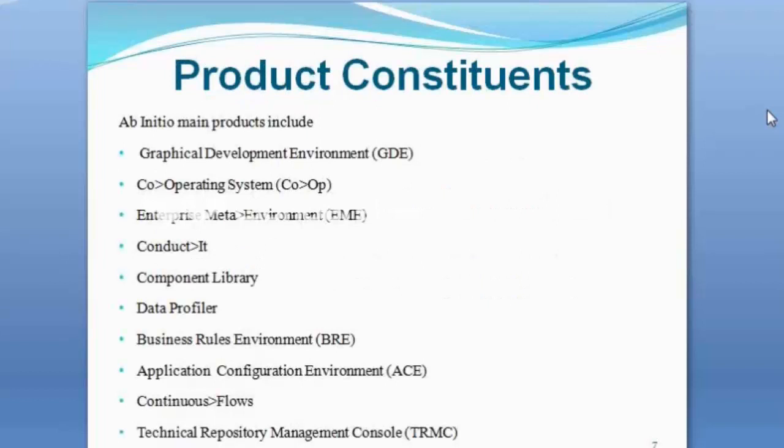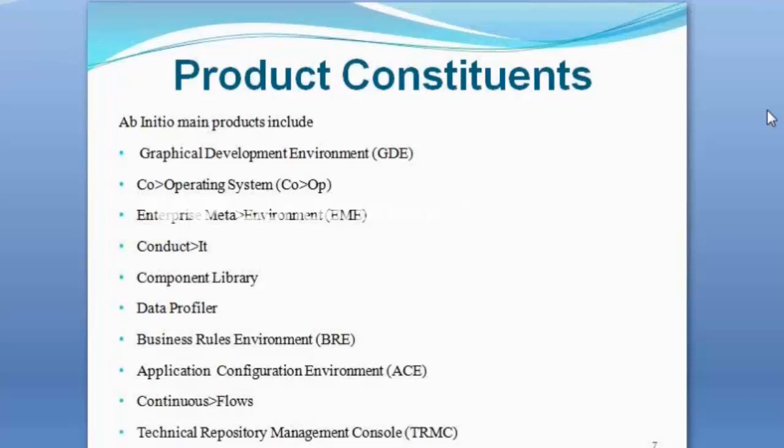Okay, Ab Initio product constituents. What are the products provided by Ab Initio? GDE, you are already aware of. Cooperating system, Enterprise Meta Environment, Conduct IT. Have you heard of Conduct IT? No. Okay. Conduct IT is a graphical workshop where we can develop plans. A plan houses a set of graphs so that they execute sequentially.